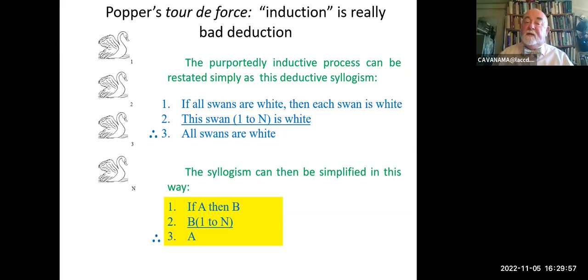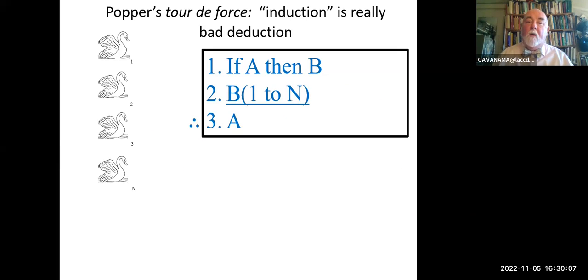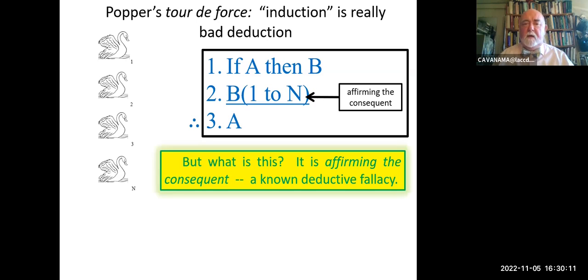You can simplify this syllogism in the following way. If A, then B, 1 through n number of times, and therefore A. Well, have we seen this before? Yes, we have. What is this except affirming the consequent? It's a known deductive fallacy. A is the antecedent, B is the consequent.